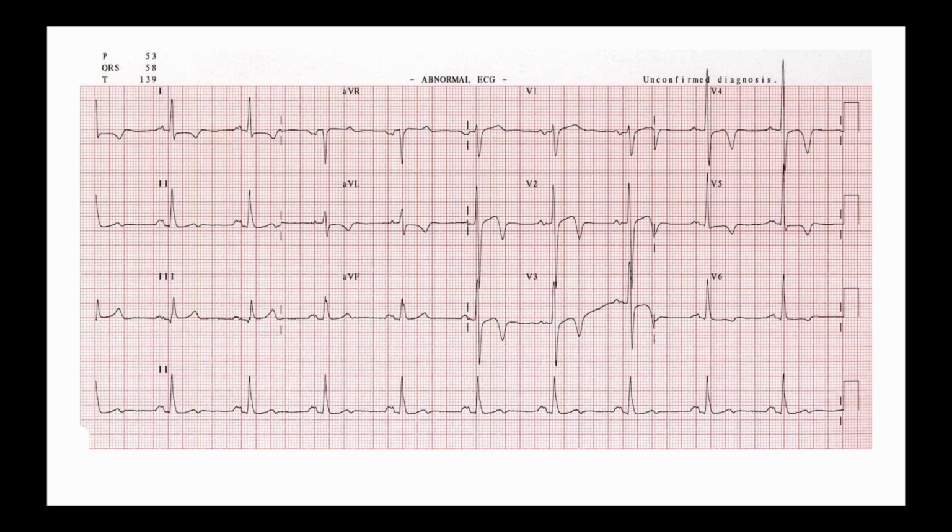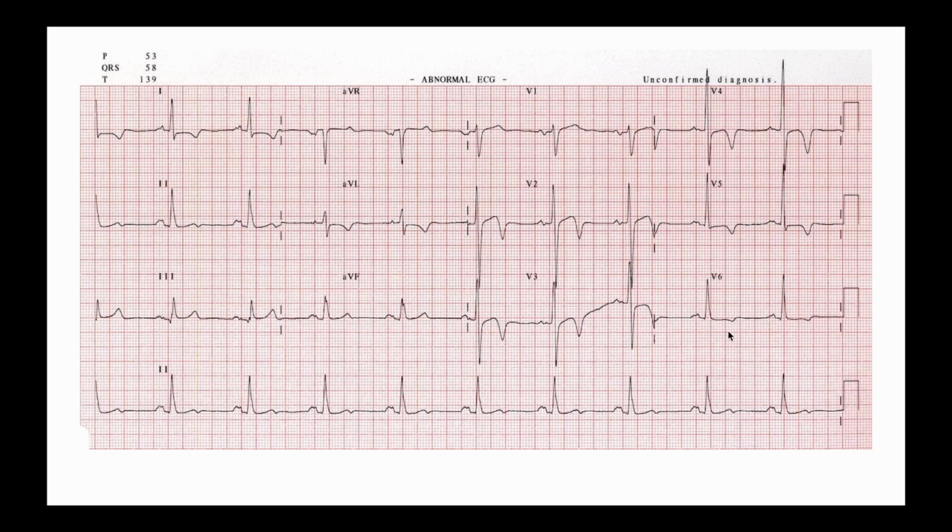Then on this ECG as well, what we can find is that there is high precordial voltages over here. So when you look at V4, V5, see that the voltages are so high. Then also we can see deep T wave inversion in the precordial leads, as well as the high lateralis.